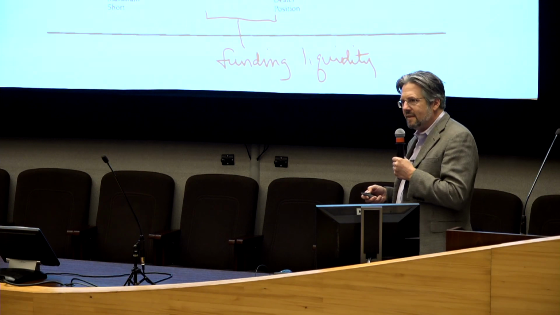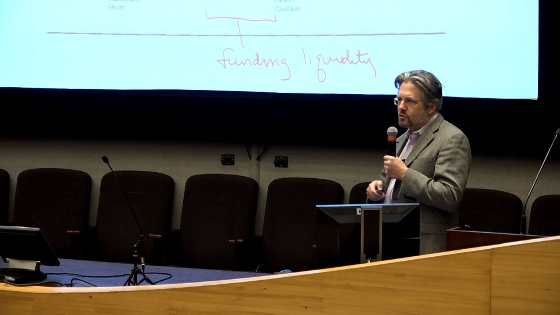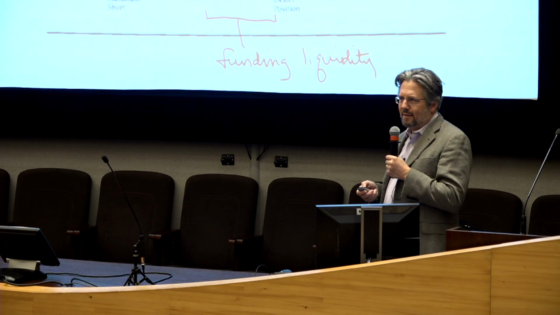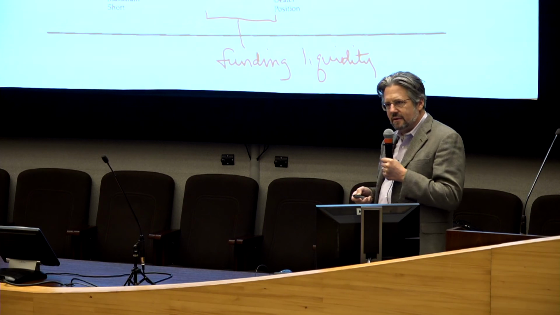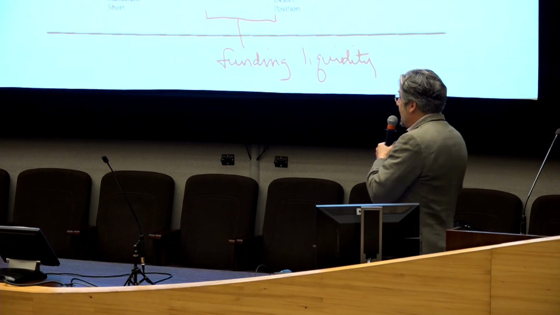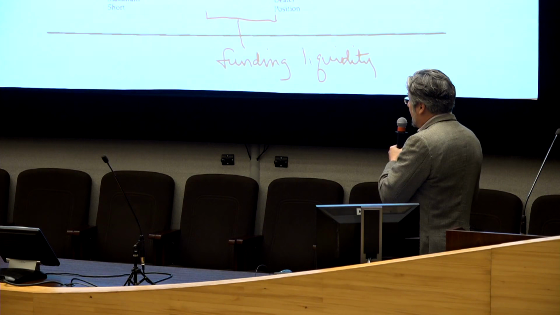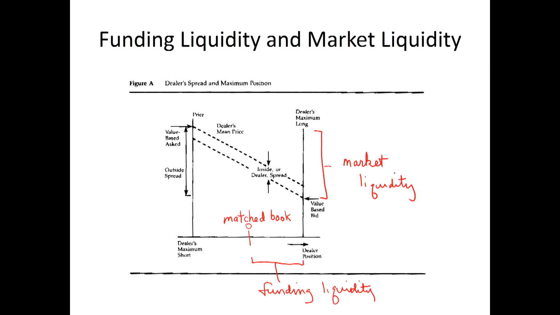So you might think that there's some true value of this stock that is based on the true prospects of Apple. And you might think that maybe that is where supply actually equals demand, so the dealer is not doing anything. The dealer has a matched book. So you might think the true value is somewhere in the middle here, the efficient price or something like that.